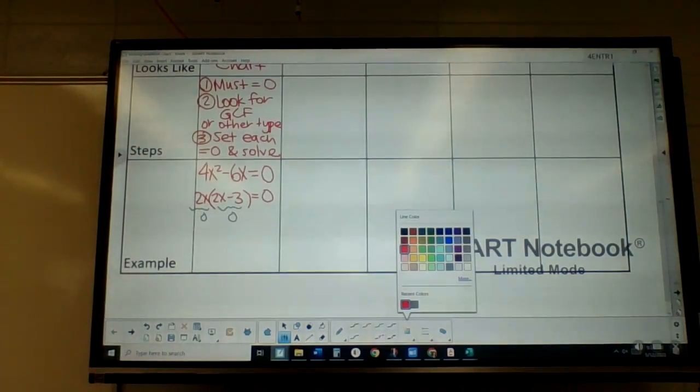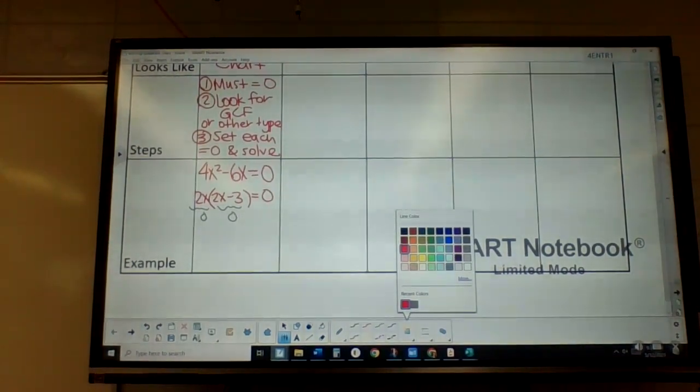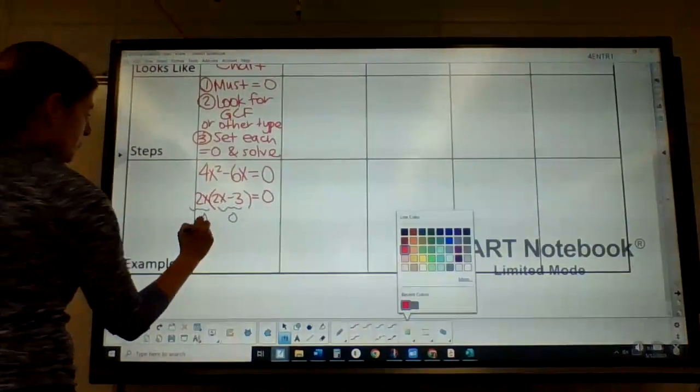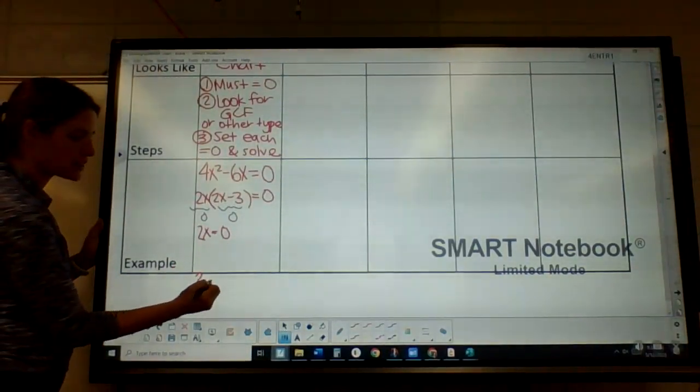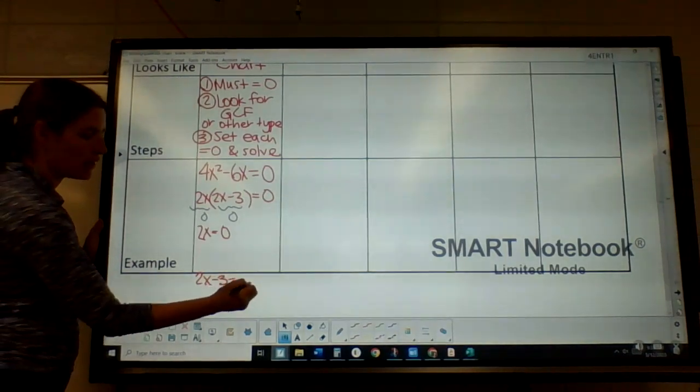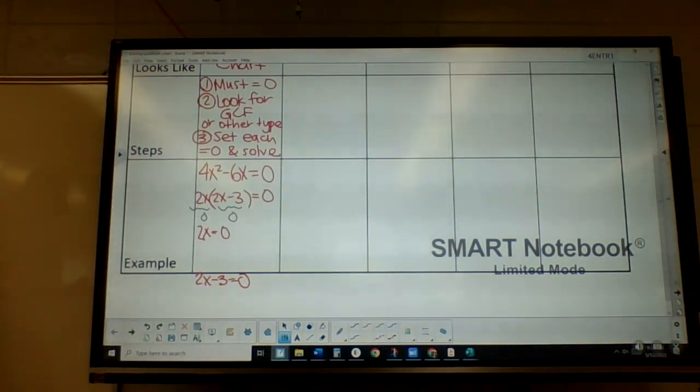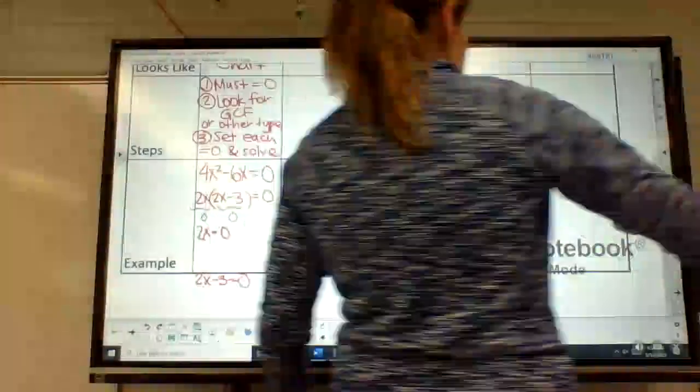So we're going to set each of these equal to 0. We say 2x equals 0, or also 2x minus 3 equals 0. These become two pretty simple equations for us to solve.